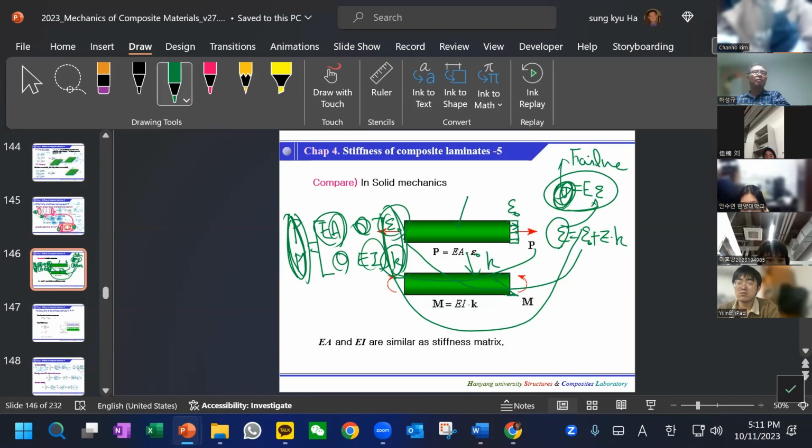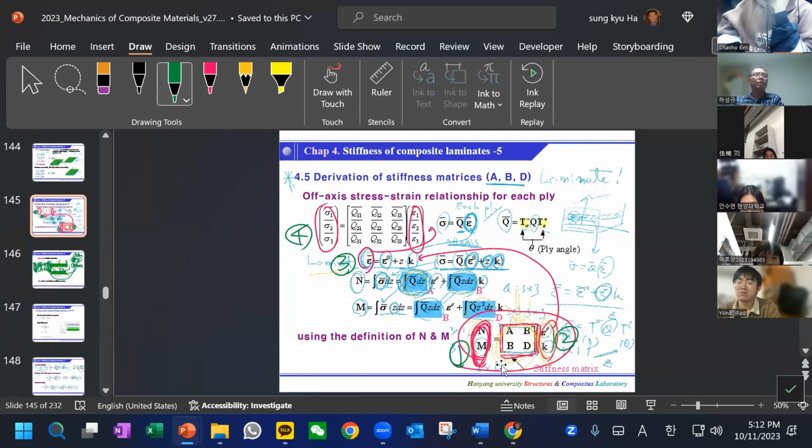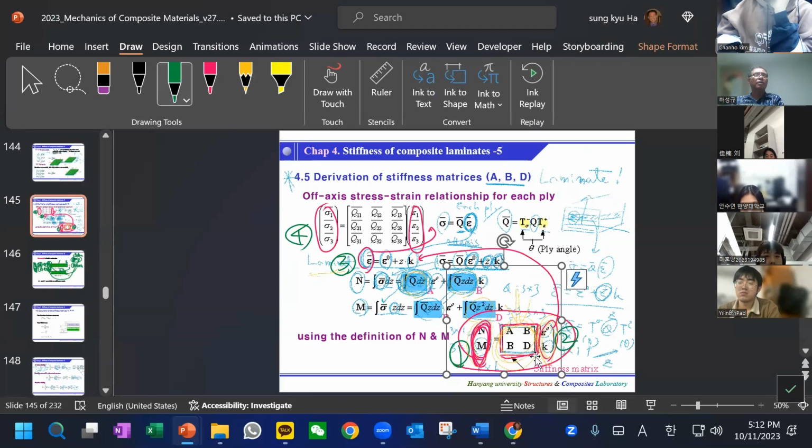Okay, this is what we already know in undergraduate strength of materials. And now what we try to do for the composite laminate, whether it's a pressure vessel tank, whether it is the airplane, is this ABD matrix.